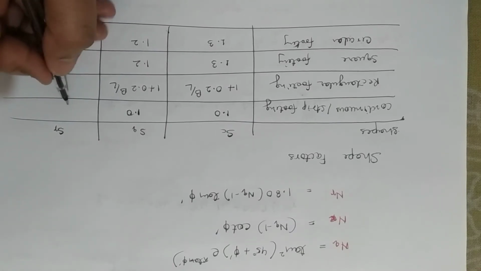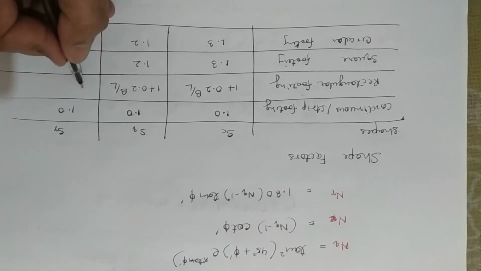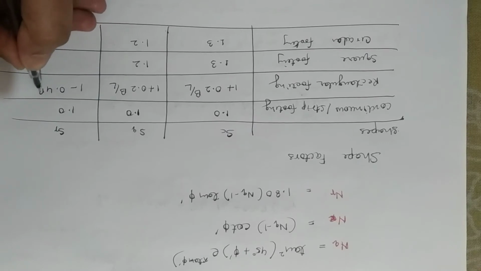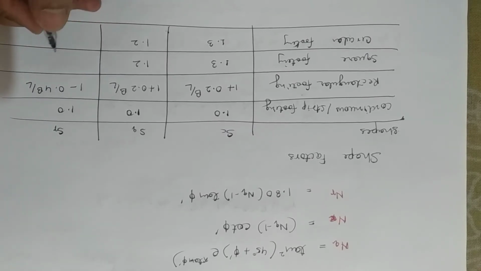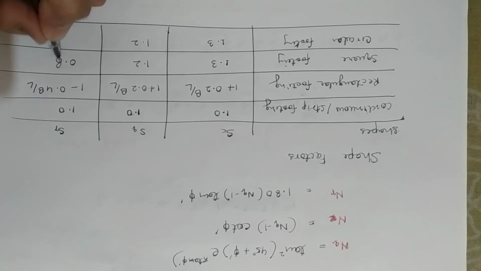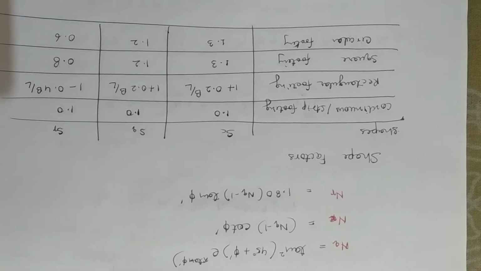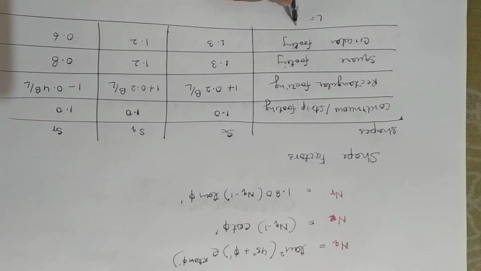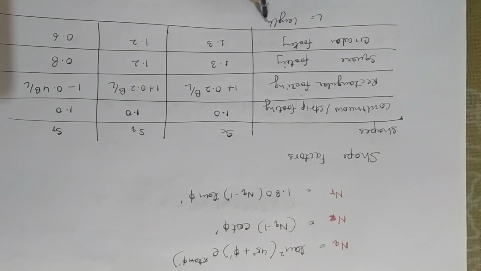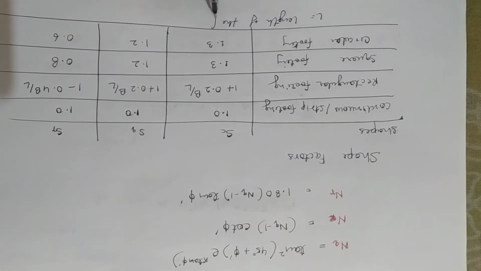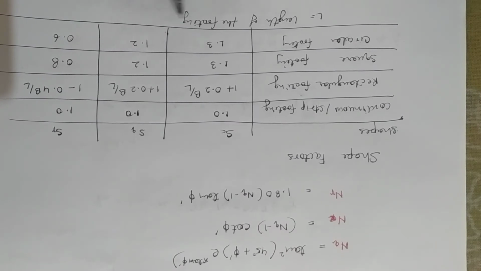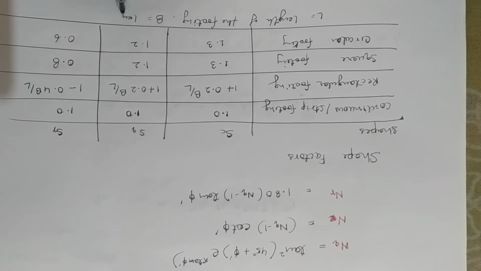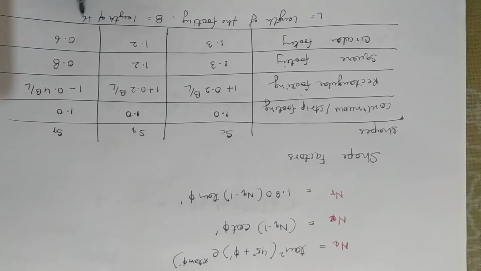S gamma is 1.0 for strip footing, 1 minus 0.4 B by L for rectangular, 0.8 for square and 0.6 for the circular one, where L is the length of the footing and B is the width of the footing.